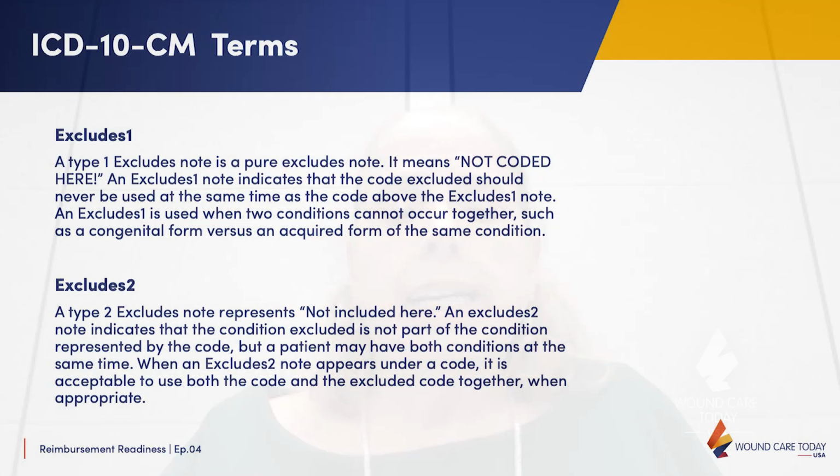We also had an example of the excludes 1. The excludes 1 note is a pure excludes note. It means that the condition you're trying to code is not coded here. And usually that note will indicate that if it is one of these other following categories, you need to go elsewhere to find the correct code because it's in another category or in another chapter.